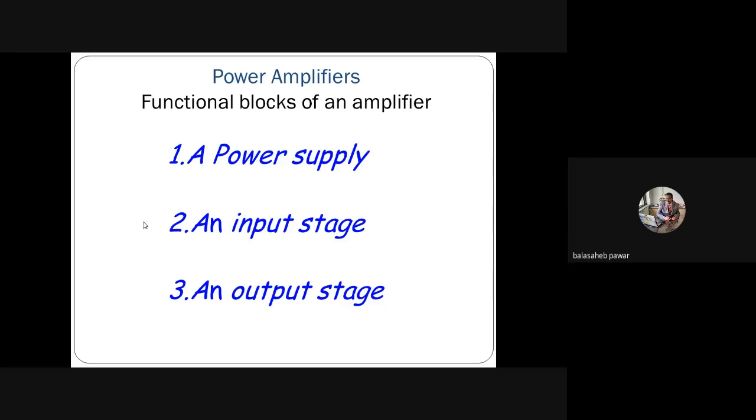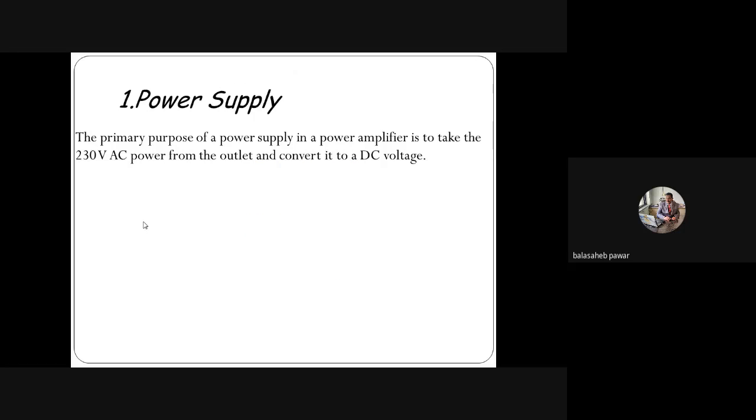Then there is one input stage, output stage. One more yesterday, I told, that is nothing but driver stage or volume and tone control and all that, right? So the power supply, already I told, we will prefer 30 volt AC and the required DC will be converted by using the rectifier and all that, right?